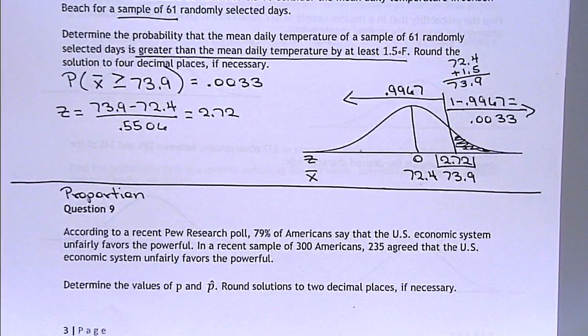First, the data is given to you in percentages. So when it talks to you about the percent of Americans, 79%, okay, the first thing that should go through your mind is this is probably a proportion problem. The second thing, look at the sample size in this problem. 300 Americans sampled. Proportion problems usually have larger sample sizes.